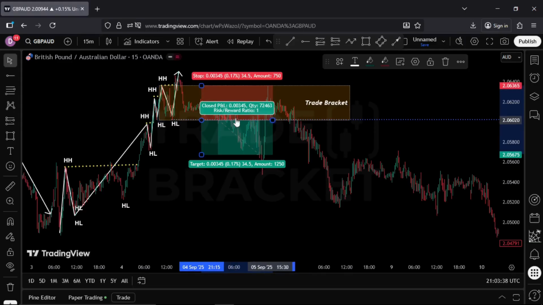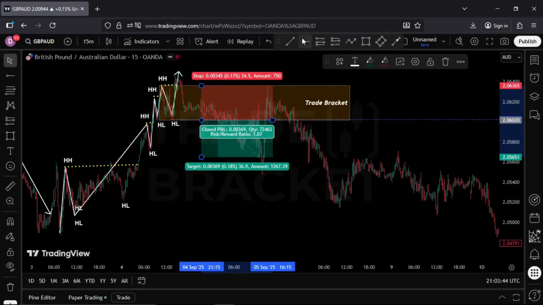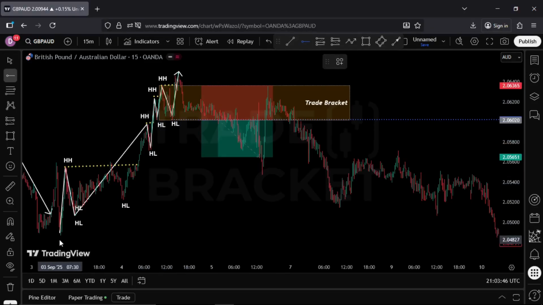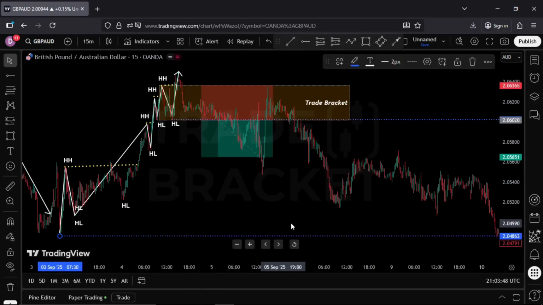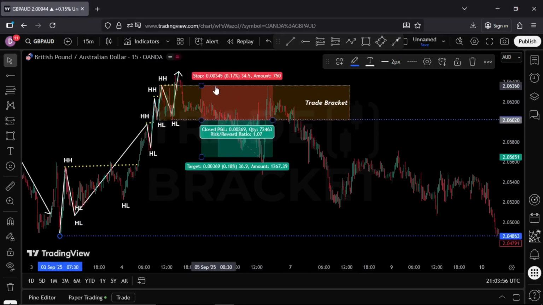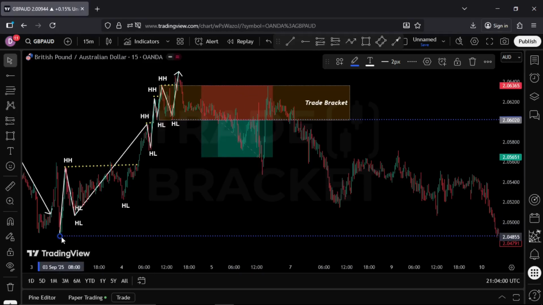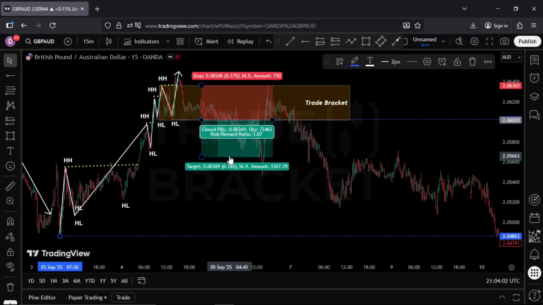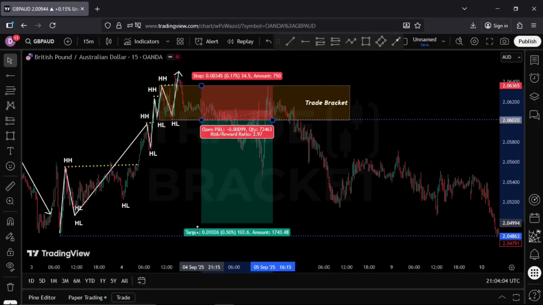Like I said, the trade bracket gives us our entry and stop loss. Then I drag, so my exit will be the lowest point where price started this pullback. I want to drag this and measure it. Is it at least a 1 to 2?